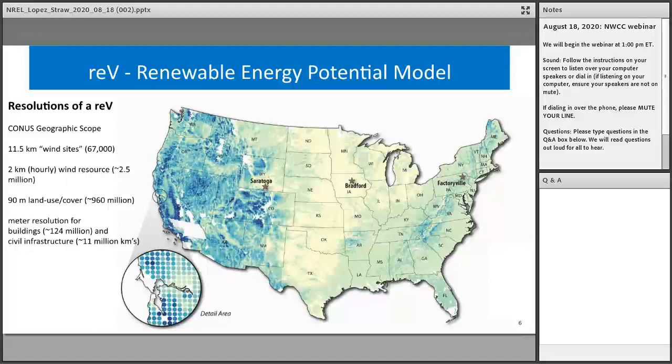And then we have meter resolution to represent 124 million buildings and about 11 million kilometers worth of civil infrastructure that are all combined together to allow us to assess the local siting constraints on wind deployment. So a quick plug, REV is an open source model, so it's actually available to the public. It's on GitHub, and at the end of the slide deck, I provide a link to it.